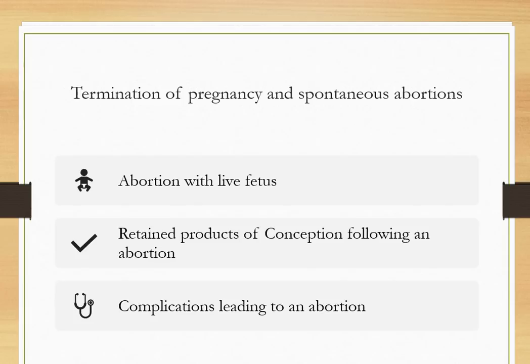All right, retained POC, or products of conception, following an abortion. Subsequent encounters for the retained products of conception following a spontaneous abortion or elective termination of pregnancy without complications are assigned to either O03.4, incomplete spontaneous abortion without complication, or O07.4, which is a failed attempted termination of pregnancy, again, without complication.